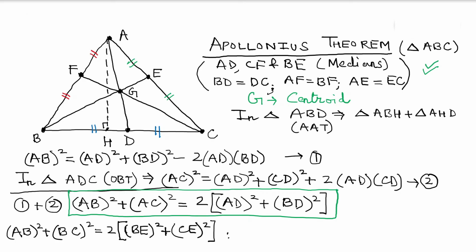And last but not the least, you can find out by combining the squares of the remaining two sides, AC and BC.